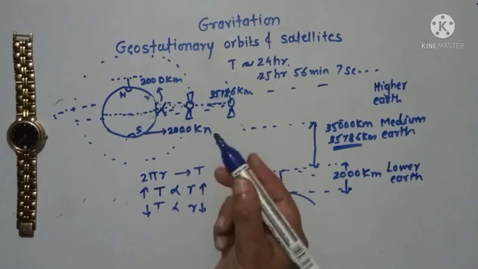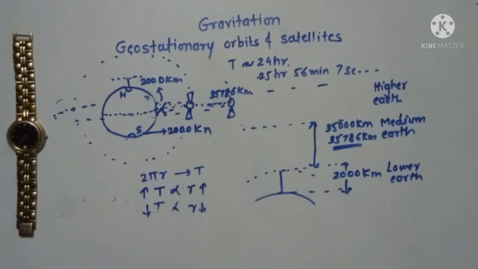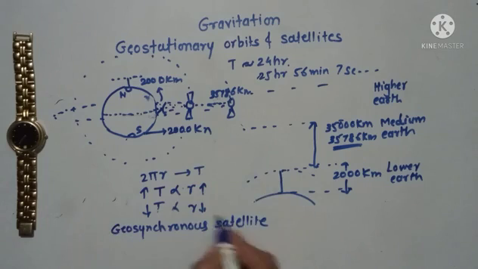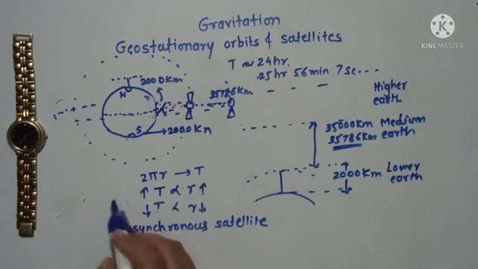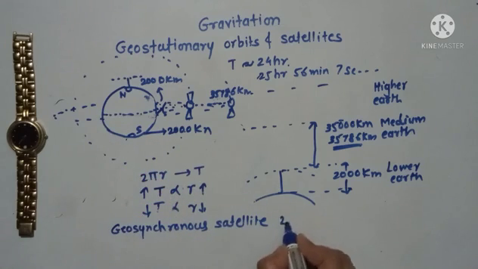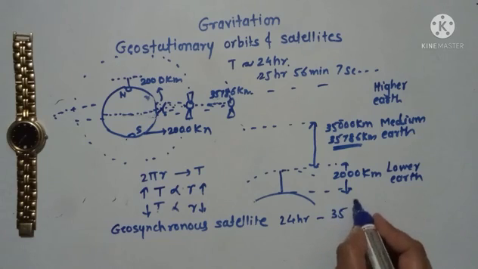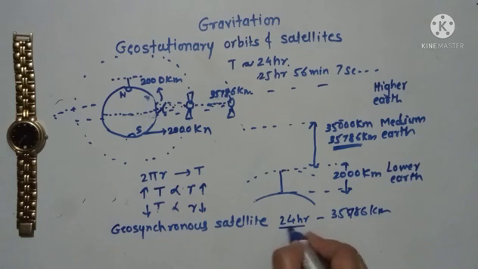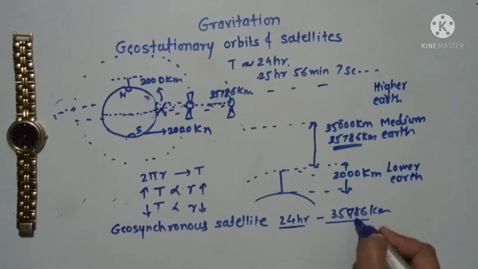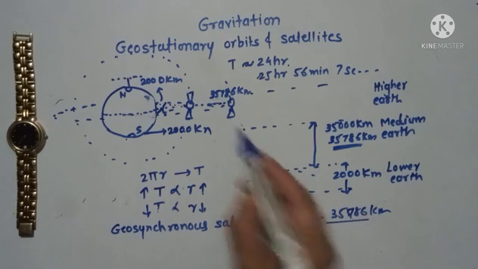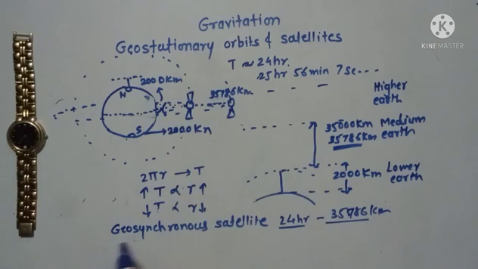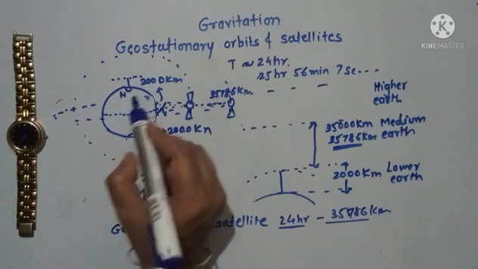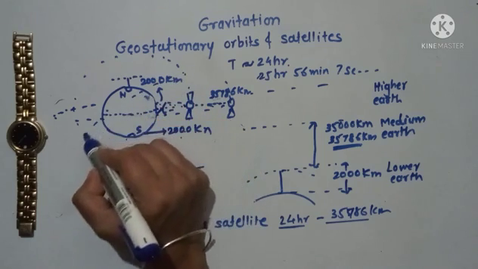There are some satellites which are called geosynchronous satellites. What are these geosynchronous satellites? Geosynchronous satellites also have a time period of 24 hours. They are also revolving at a distance of 35,786 kilometers. So the time period of revolution and the height of the orbit are exactly the same as those of the geostationary orbit, but it is not necessarily in an equatorial plane, so it might be inclined like this.